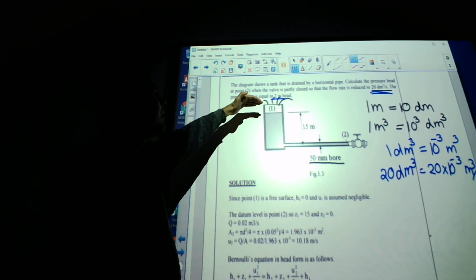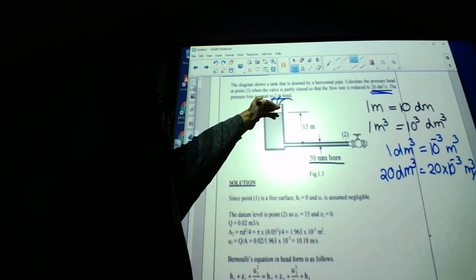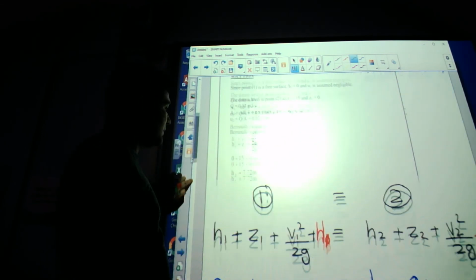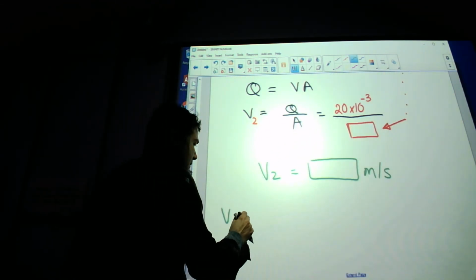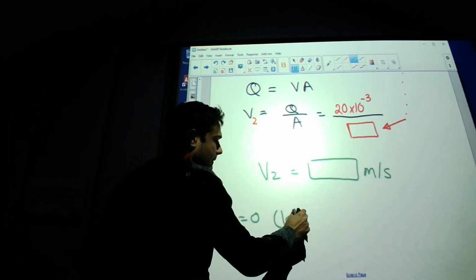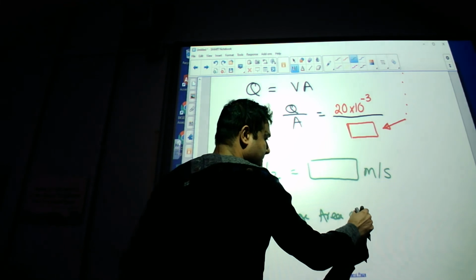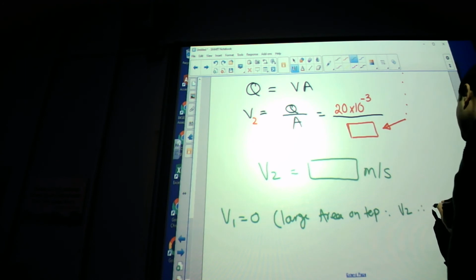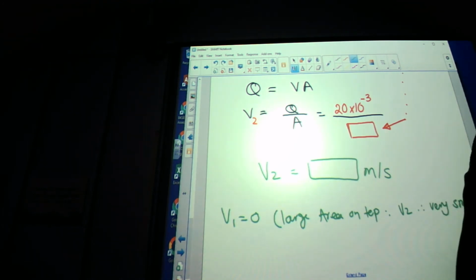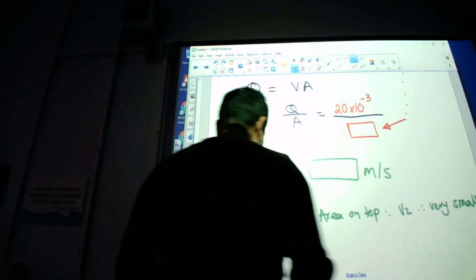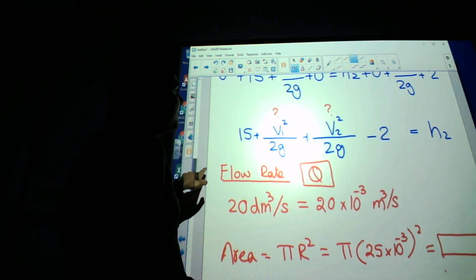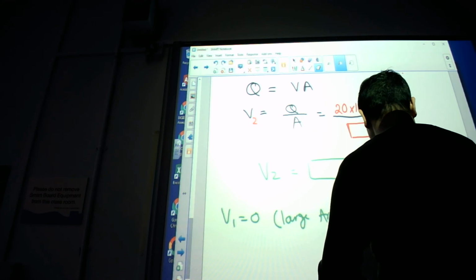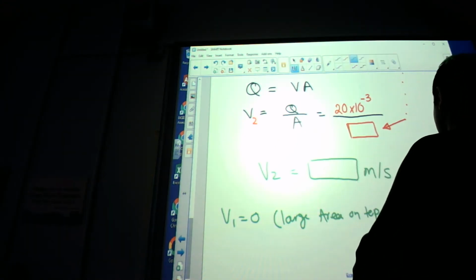V1 is 0, because relative to that, the velocity of that one is going to be 0. The area is quite large, so the V1 is very small.